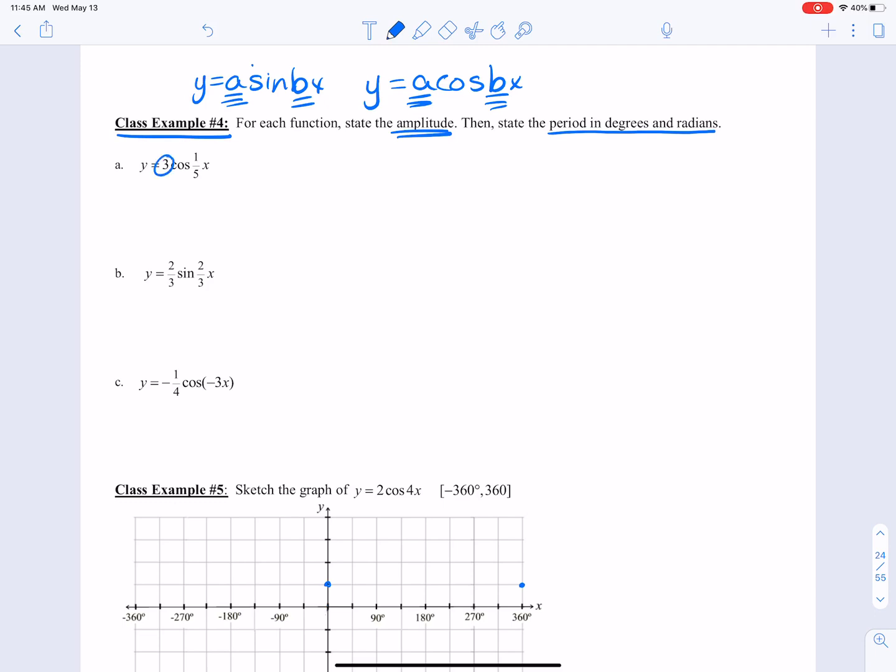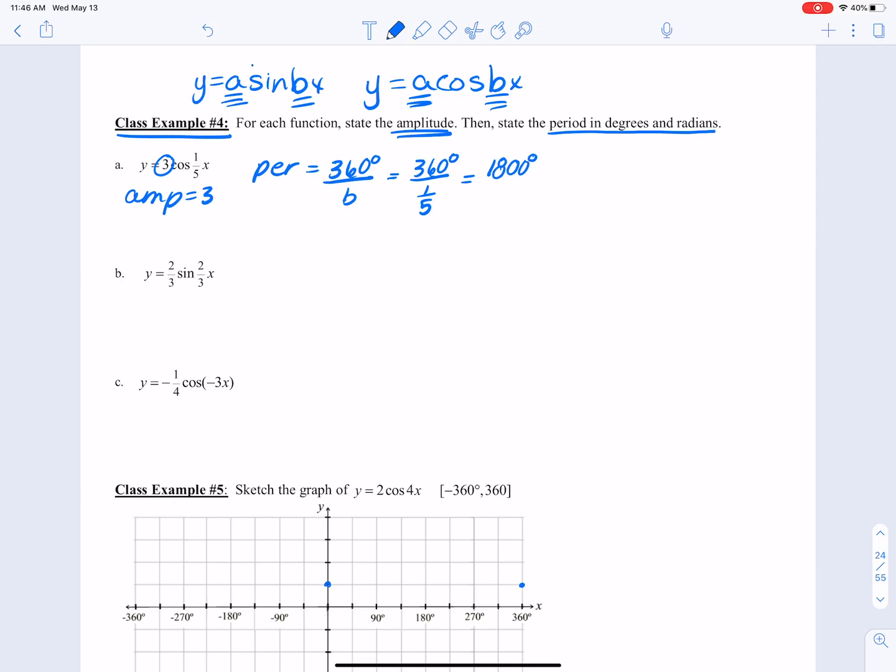So here, my amplitude is equal to 3. My period in degrees is calculated by going 360 degrees divided by b, which in this case is 360 divided by 1/5, which is 1800 degrees.